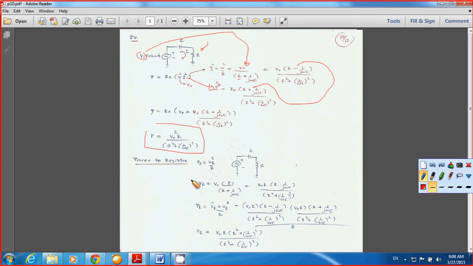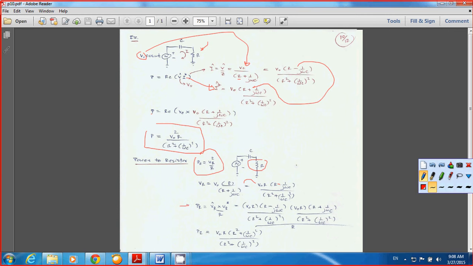Now take a look at the power to the resistor, because the resistor is at the output. You can do the same thing. The power transferred to R is simply V squared over R, and your VR is simply a voltage divider here. So you pick up the amplitude of the input voltage, V0, multiplied by R over R total, R plus 1 over j omega C. You rearrange the term, and this one has the negative sign here.